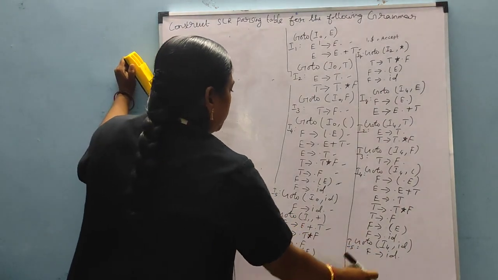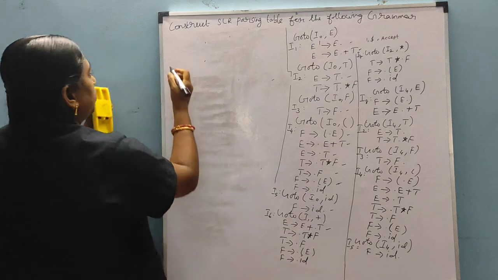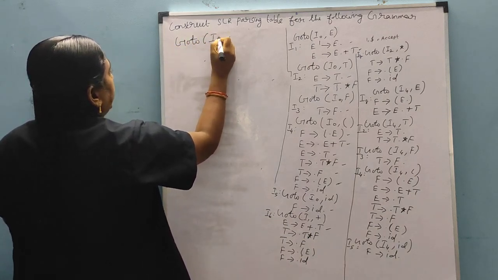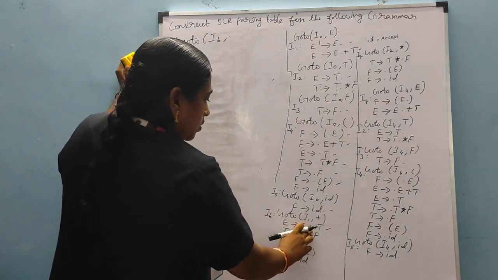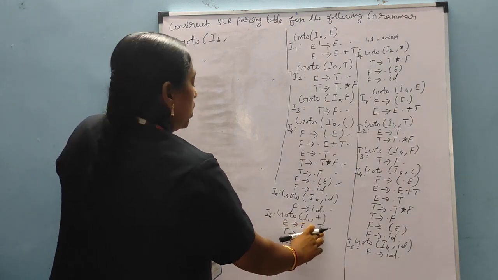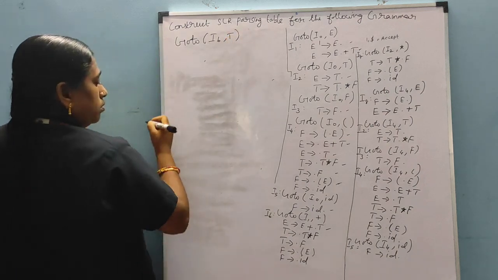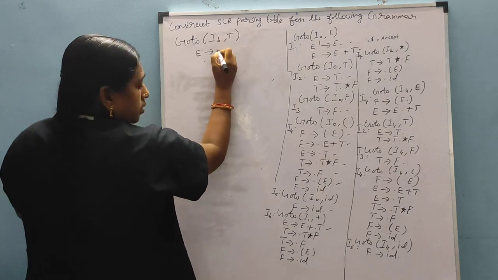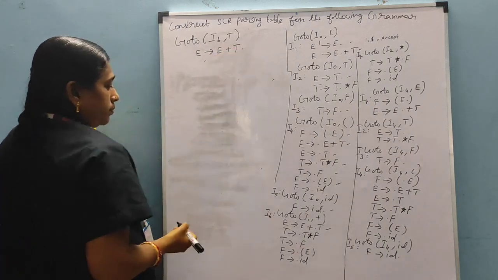Completed up to I4 comma ID. So I5, and now we can go for the I6 state. Go to I6 state. So I6 comma, what is the value that will be present? Non-terminal T. Okay, now so E tends to E plus T dot.